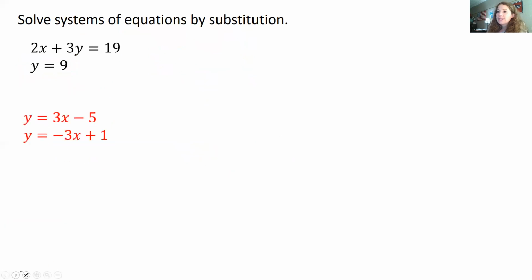All right, now this one says that y is equal to the quantity 3x minus 5, and the second one says y is equal to the quantity -3x plus 1. So let me give you a little math problem to think about. Let's say 2 plus 3 equals 5 and 6 minus 1 equals 5.